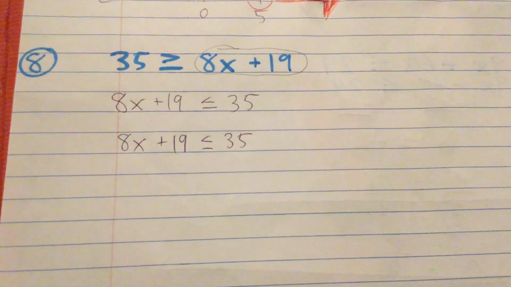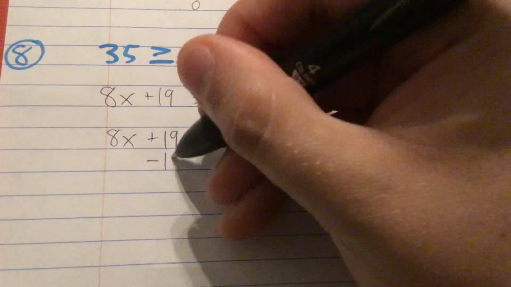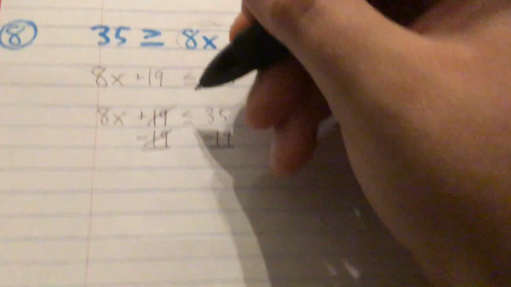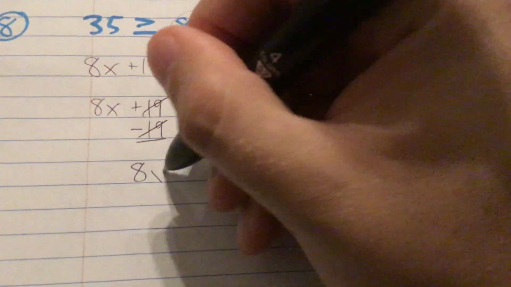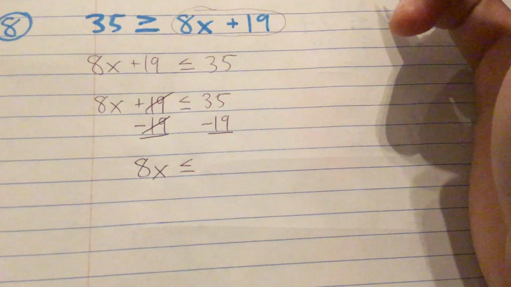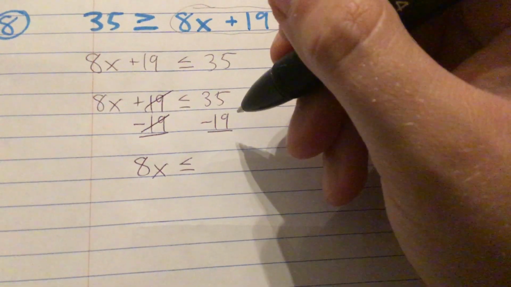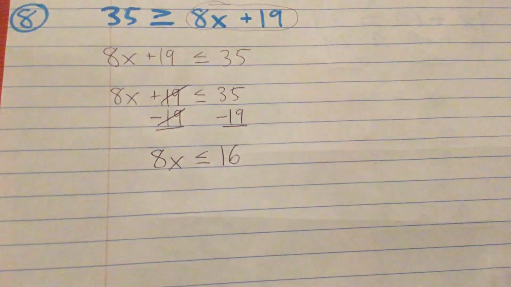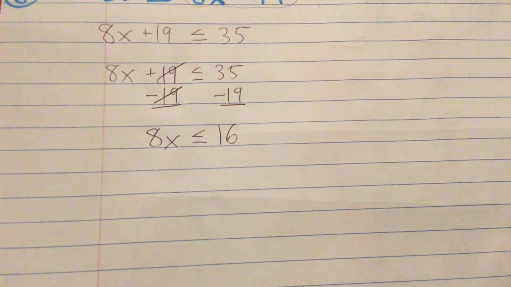And I'm going to solve for x by subtracting 19 on both sides. Now I've got 8x, which is less than or equal to 35 minus 19. Well, if 35 minus 20 is 15, then add 1. That'd be 16. 35 minus 19 would be 16.